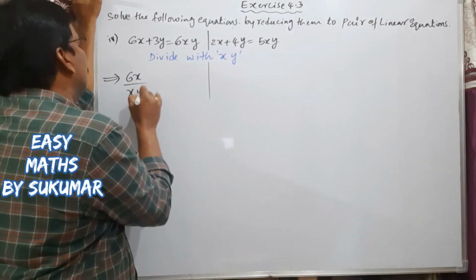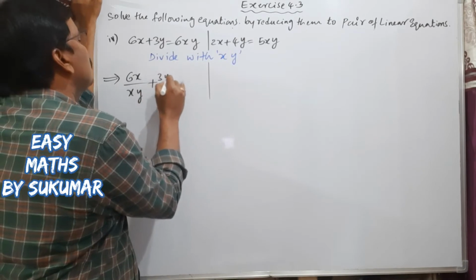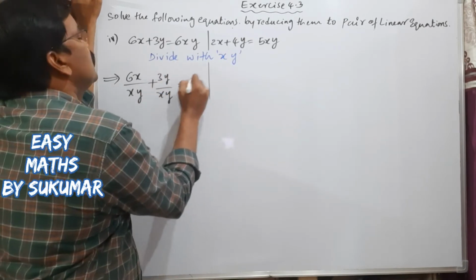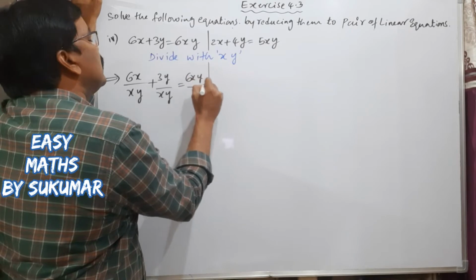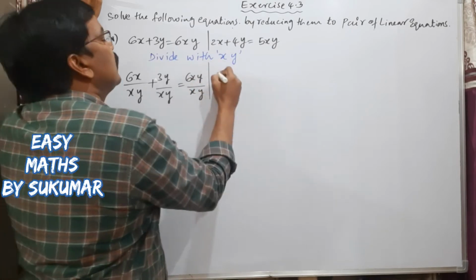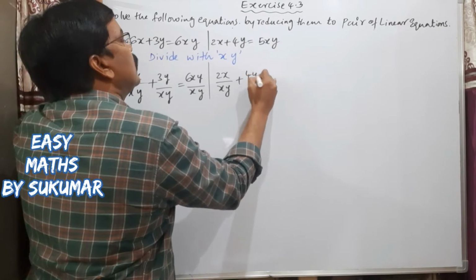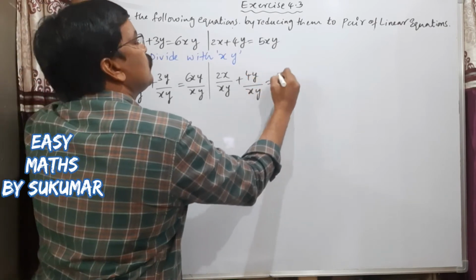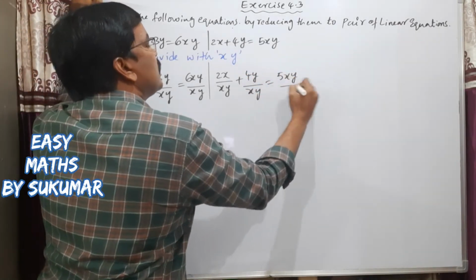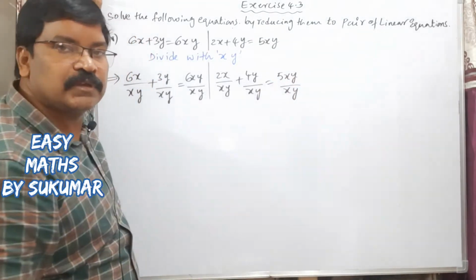6x by xy plus 3y by xy is equal to 6xy by xy. Similarly, 2x by xy plus 4y by xy is equal to 5xy by xy. Okay.